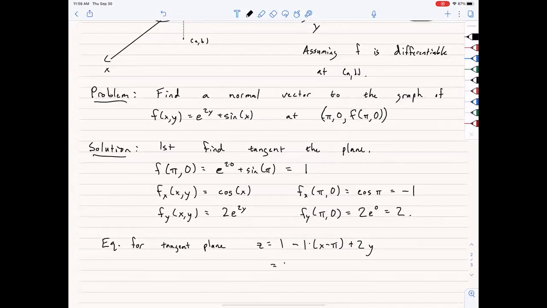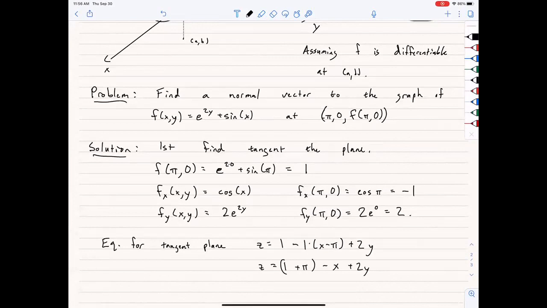Okay, so that's equal to, let's just do it this way, 1 plus pi, I'll just expand it out a little bit, minus x plus 2y. So I'll assemble the constants into one.